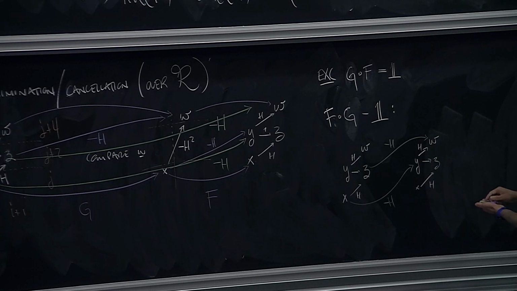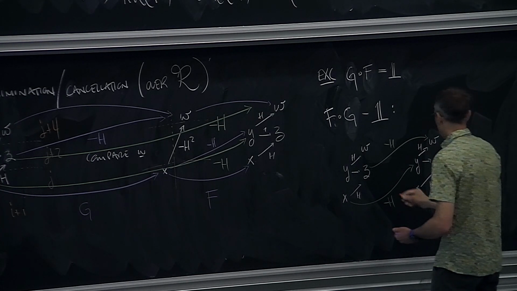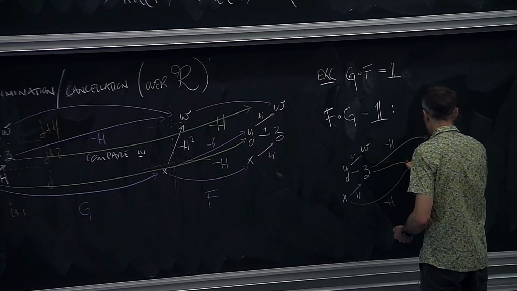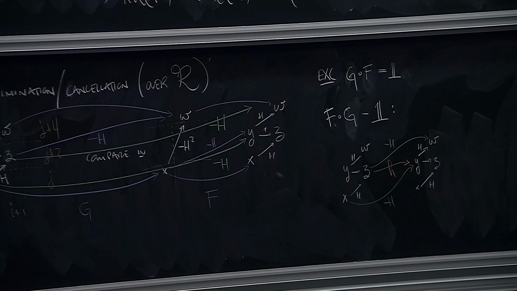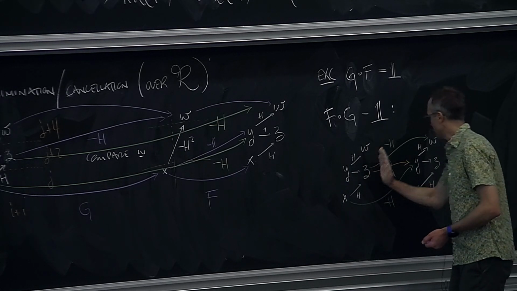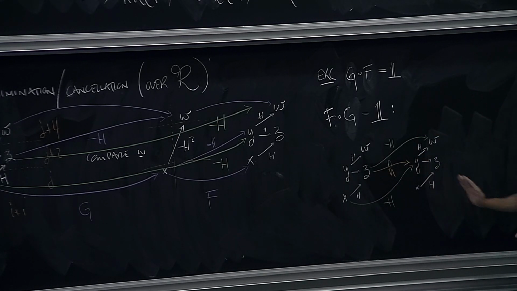And I claim that you can do that by considering that homotopy, small h for homotopy, which is running from something in grading i plus 1 to something in grading i.